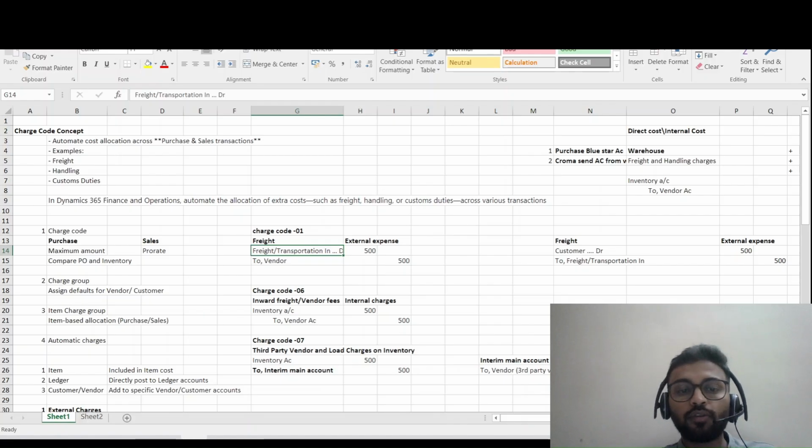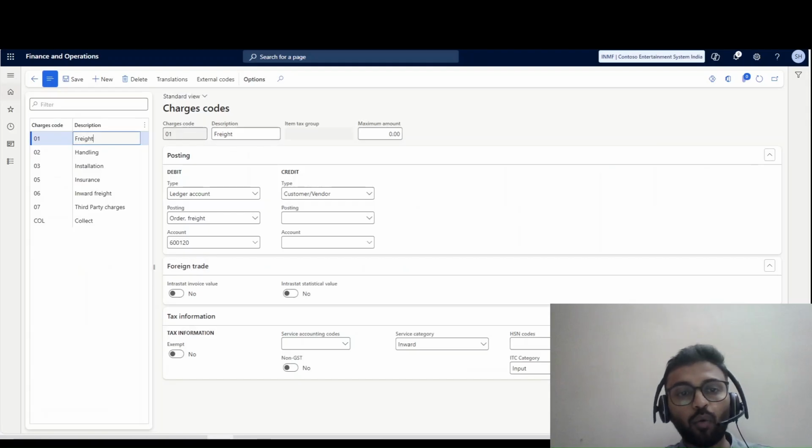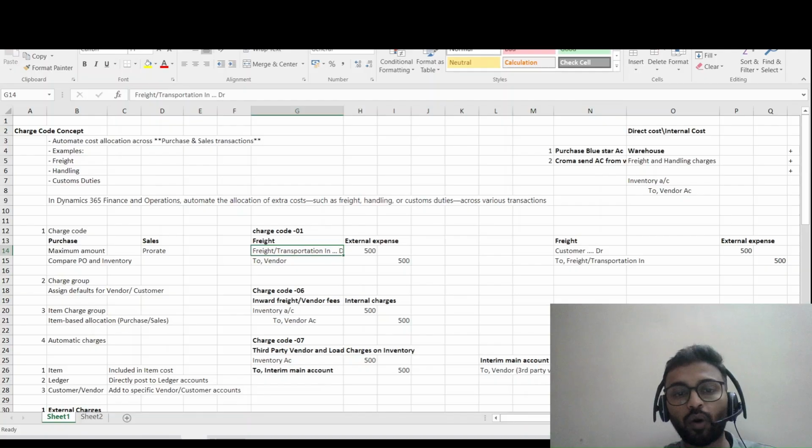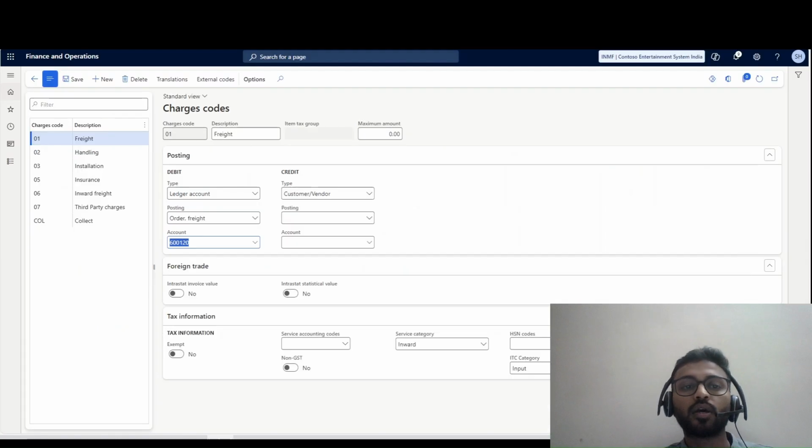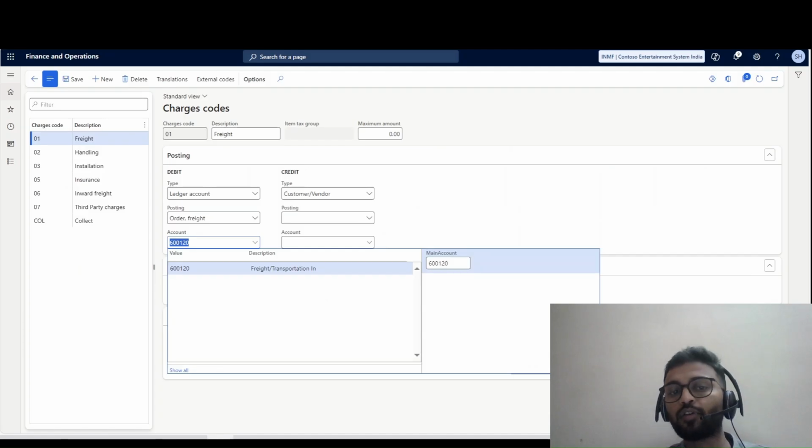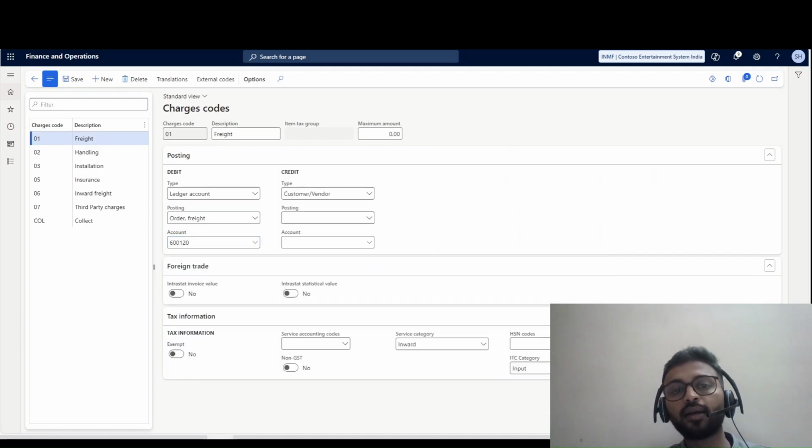Right? So what is the posting here? I have a debit. What is the debit here? Charges. So I have debited the charges. You will see here freight expense I have debited, and here I have credited customer or vendor. I have not selected anything here. Why?